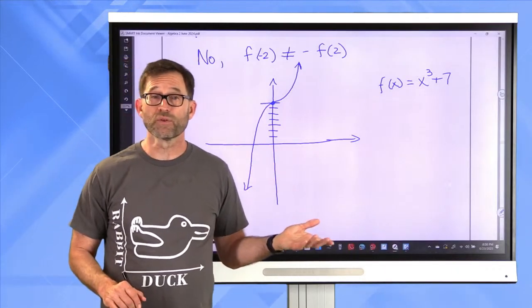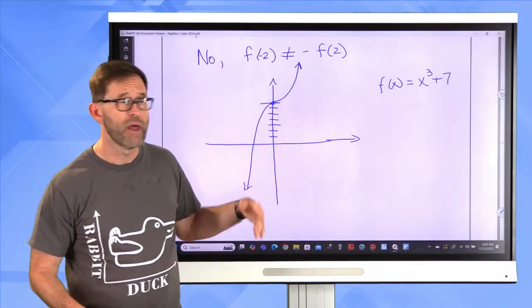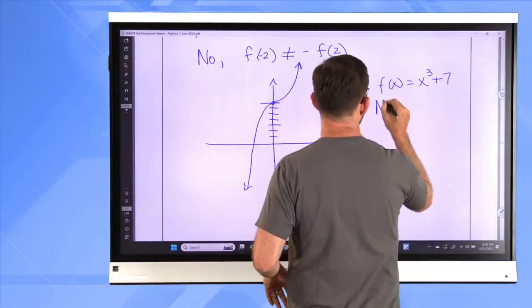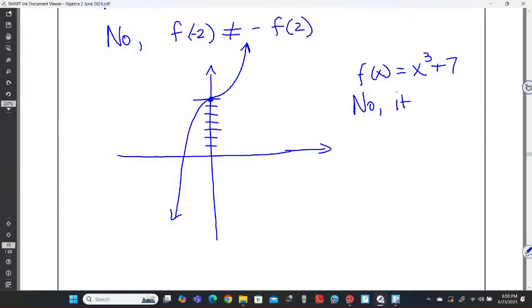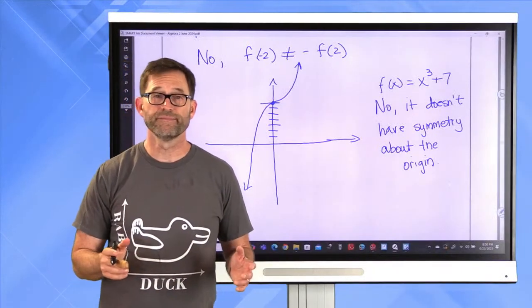So one way of answering this question is to draw a sketch of the graph, doesn't have to be beautiful, and just say, no, it doesn't have symmetry about the origin. All right, and that's that.